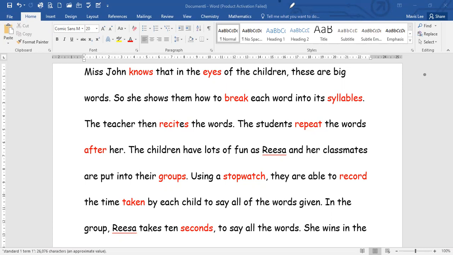So as I said, we're continuing with the lesson. And let's look at some words, some difficult words so far. The first word that's in red here, K-N-O-W-S. Now in this word, the K is silent, which means it doesn't make a sound.